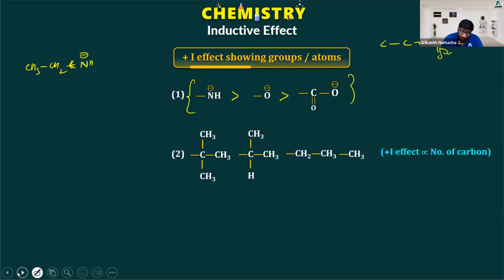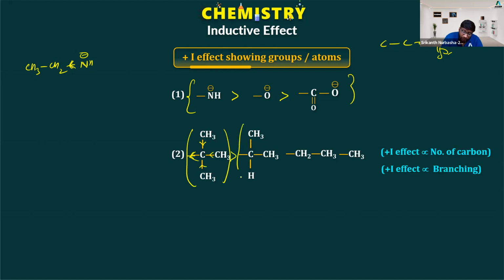Second set of species I'll give. Carbon connected to CH3, CH3, CH3. Carbon connected to 2 methyls, CH2 and CH3. So what is the order of effect now? Plus I effect is directly proportional to the number of carbon atoms. All methyls are electron donating groups, so ultimately this carbon will be a better electron donating group and will have greater inductive effect.